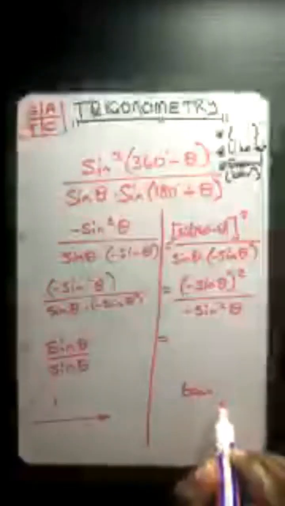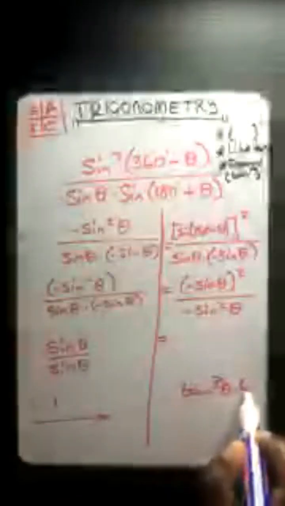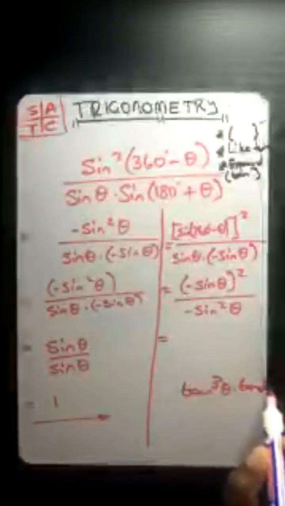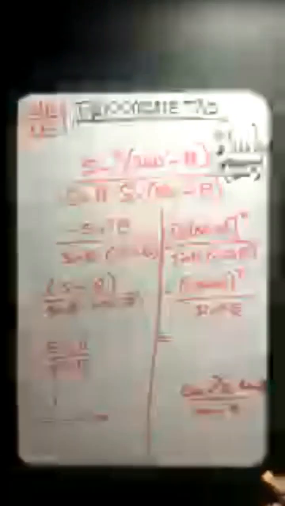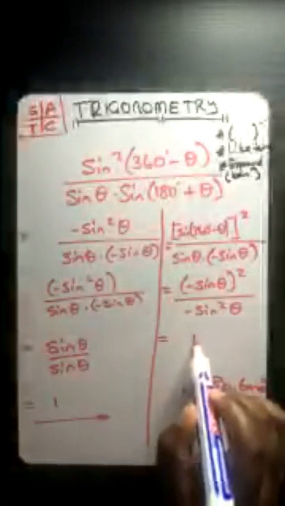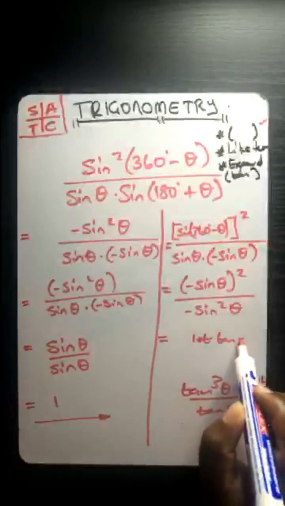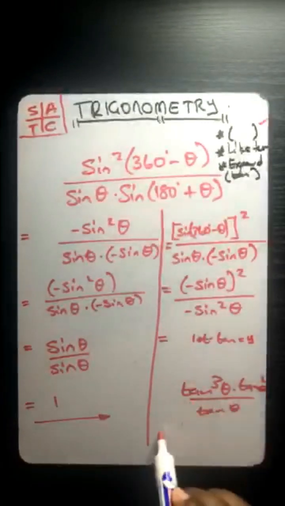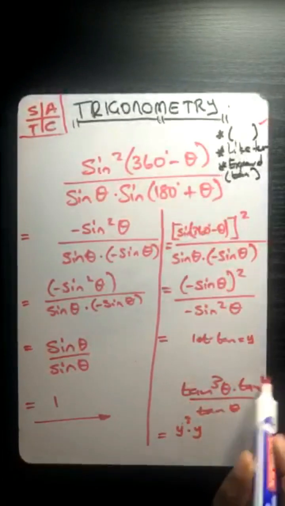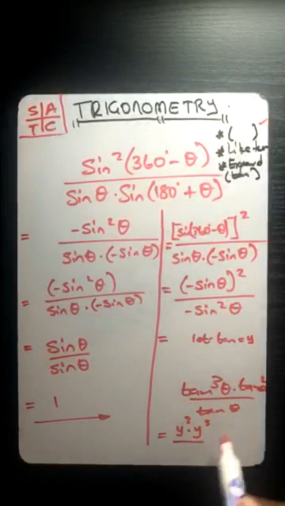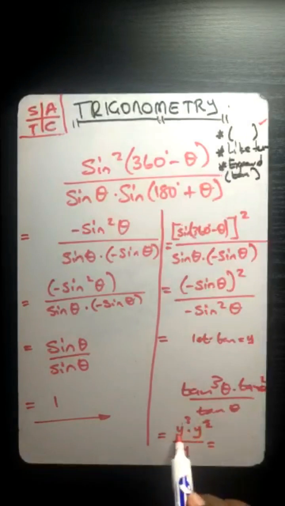Maybe let's say the examiner says tan cubed angle multiplying tan squared angle over tan angle, and you don't know how to interpret this. In your mind, you don't write it, you just say let tan be equal to y. So this thing is more like y cubed times y squared over y, which is the same as what? That times that, you add the exponent.